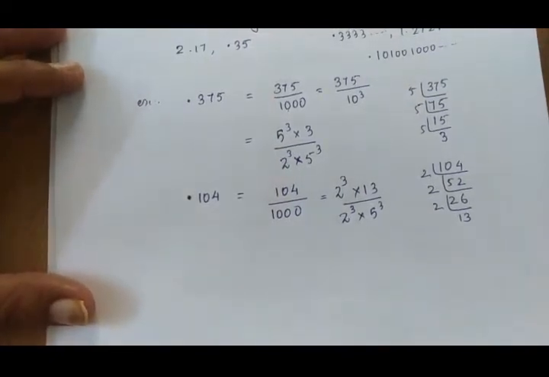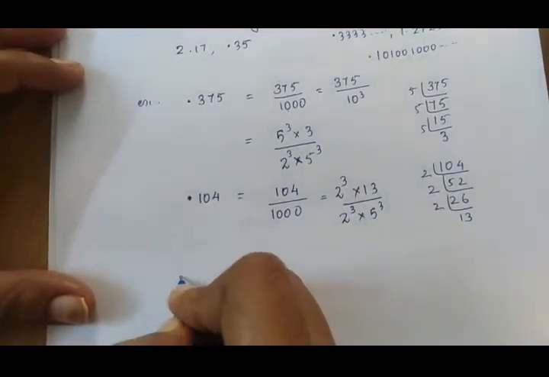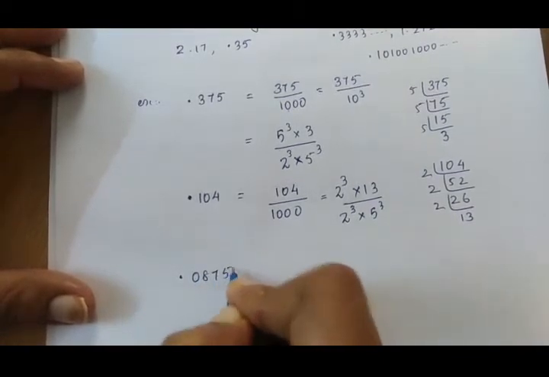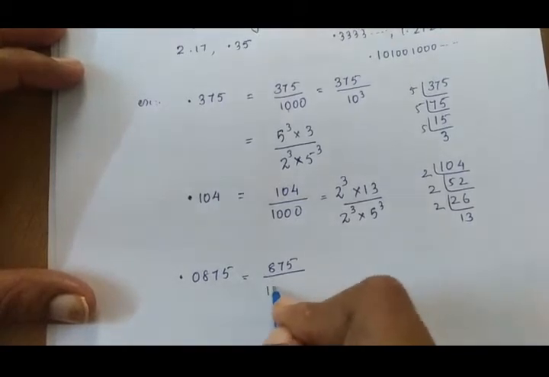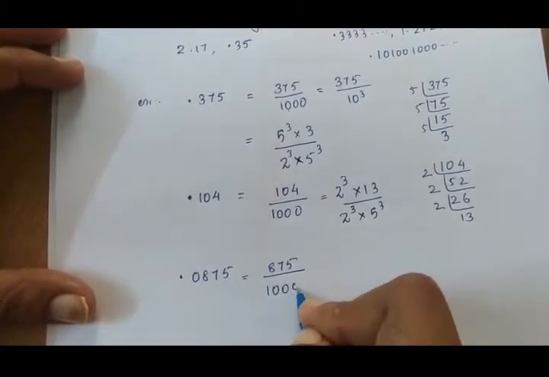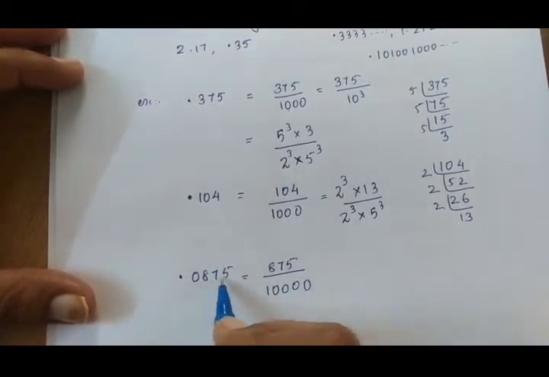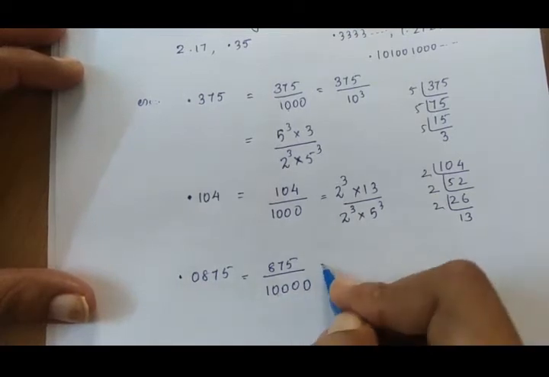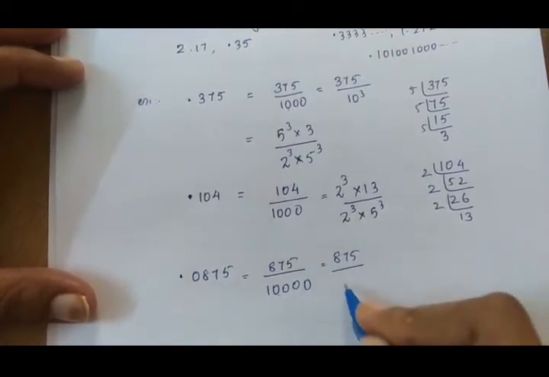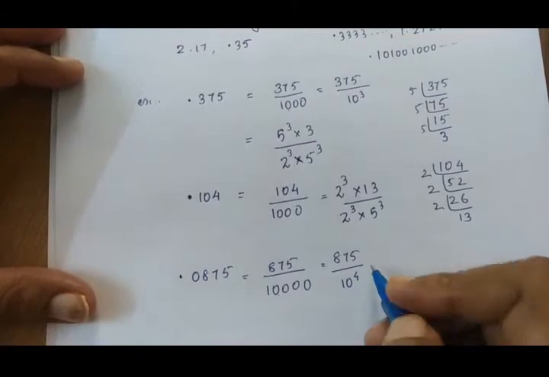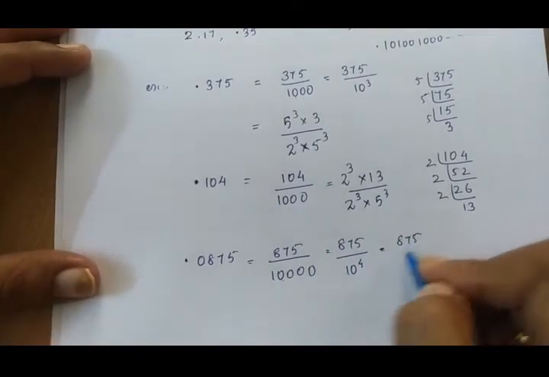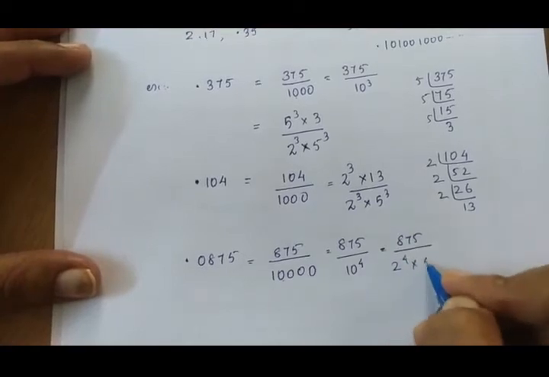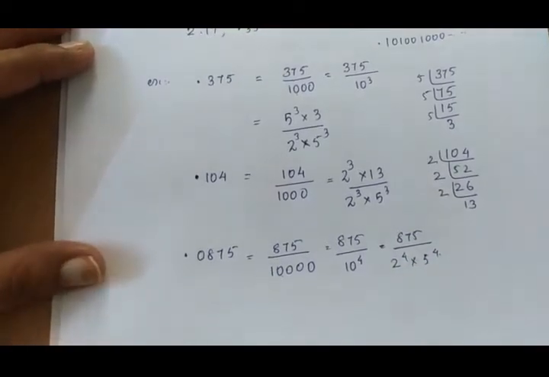Another example, 0.0875. We can rewrite it as 875 divided by 10,000, because there are 4 decimal points, so 4 zeros. That is 875 divided by 10 raised to 4, which we can rewrite as 875 divided by 2 raised to 4 into 5 raised to 4.